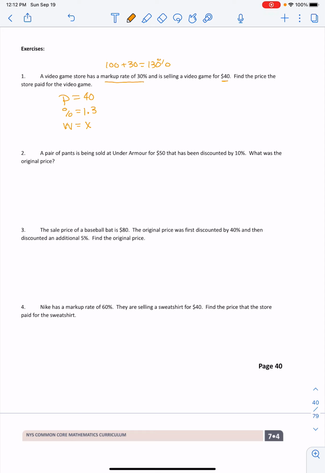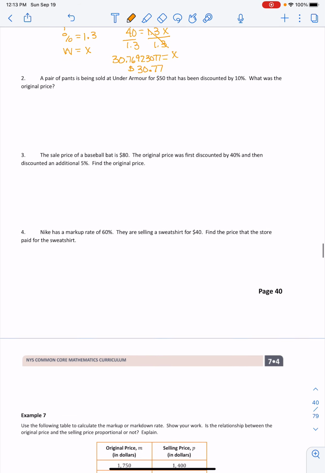So now we have P, percent, and W, and we have 40 equals 1.3 times X, and then dividing both sides by 1.3, we have X equals 30.7692 3077, and when we round that, the store paid $30.77 for the game.